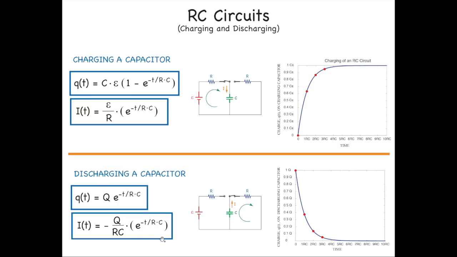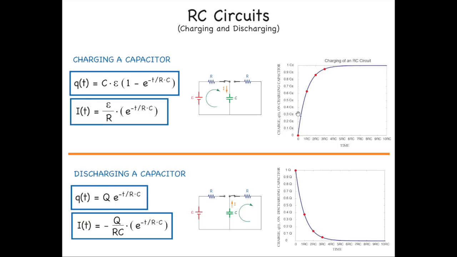The current starts to go down, which of course means that the amount of charge that you have doesn't drop as quickly anymore. And eventually, when you have just a few excess charges up here and a few excess negative charges down here, you have very little charge, but you also have very little push to get them to go through the resistor, and so the current is very, very low, and the change in the charge, which is by definition the current, is tapered off to a very small amount.